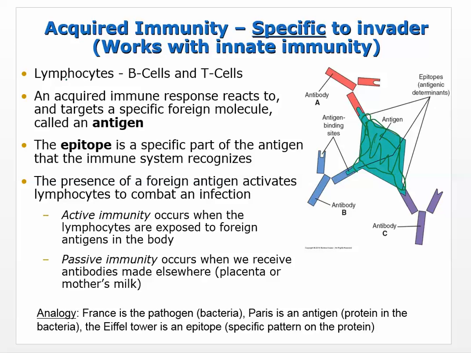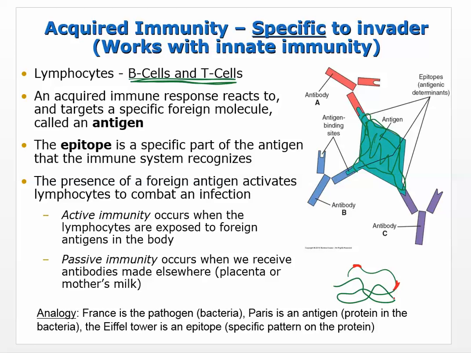So these lymphocytes, these B cells and T cells, make receptors that are responsive to certain antigens, but each is responsive to a specific epitope on that antigen. I know that sounds a little confusing, but it's not too bad if you remember, here's a protein, and because proteins have that three-dimensional shape, let's say this is one place that the immune system recognizes it.